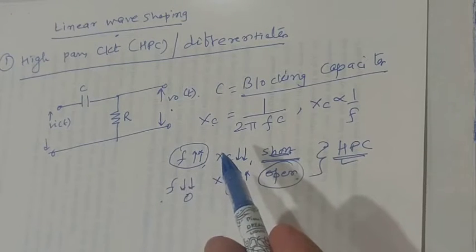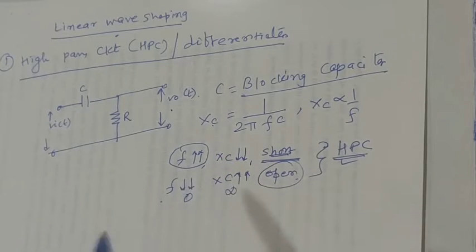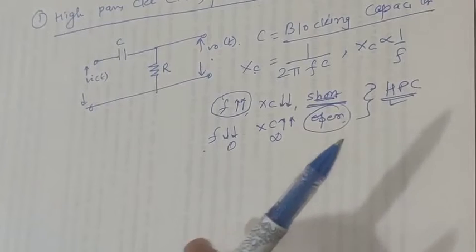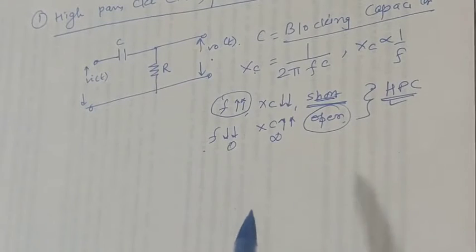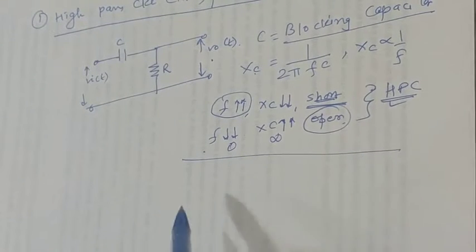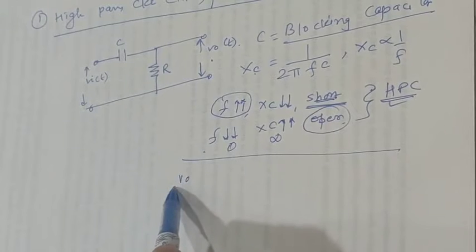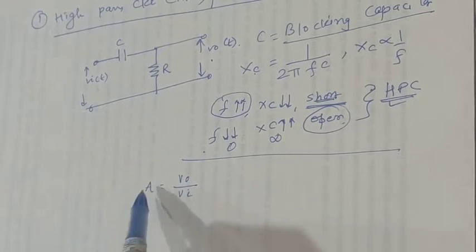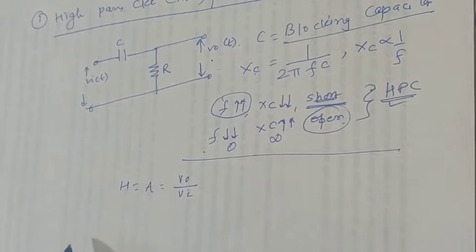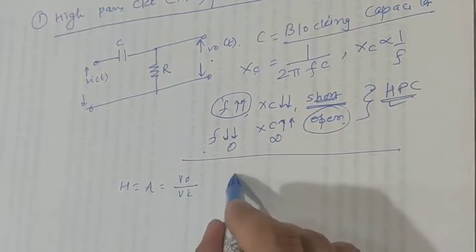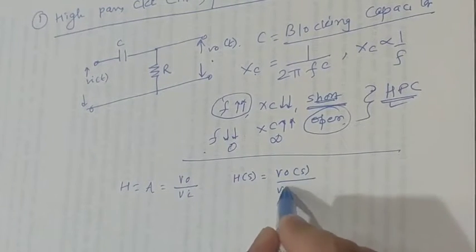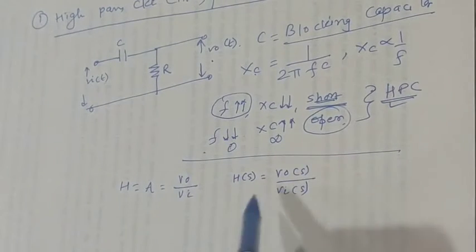Before we start with the different signals that we want to apply to this circuit, we need to find the transfer function of this circuit. Now how to find it and why to find it, this is what you need to understand. The transfer function is V0 upon Vi, also called the gain, or the transfer function H of S. So H of S will be V0 of S upon Vi of S. Now why is it important?